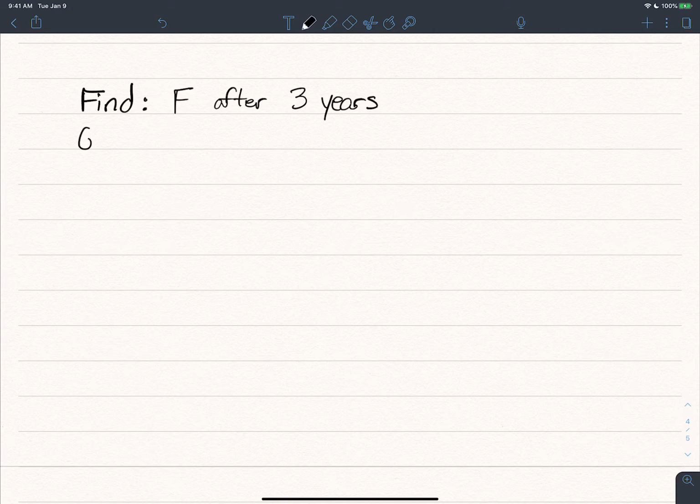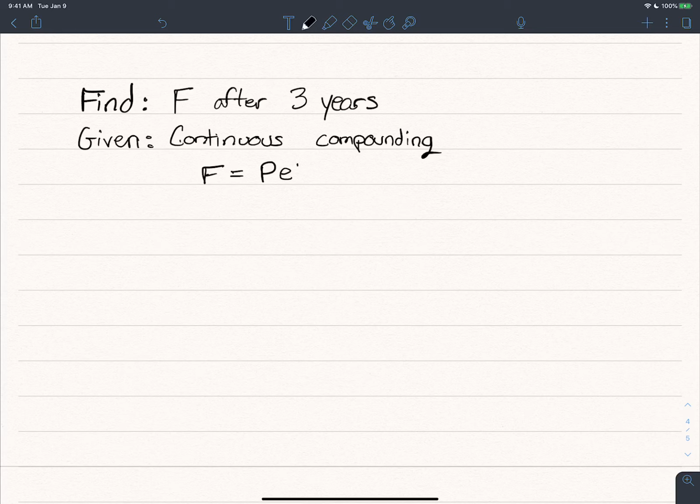And for our given, this time we are doing continuous compounding, and our formula is F equals P times E to the R times T, right?